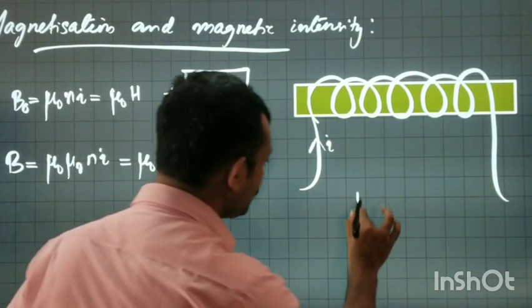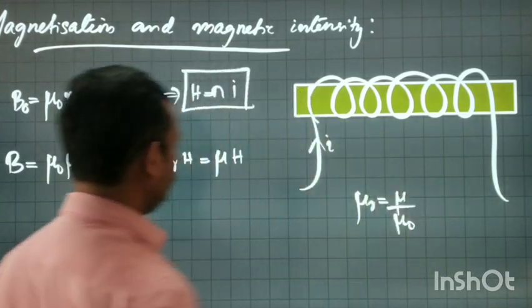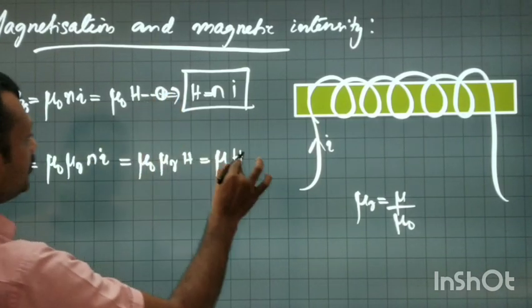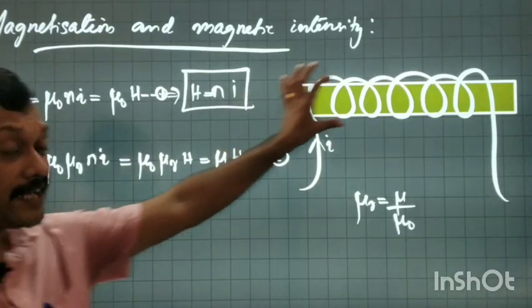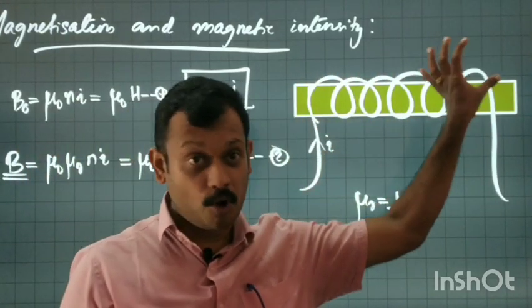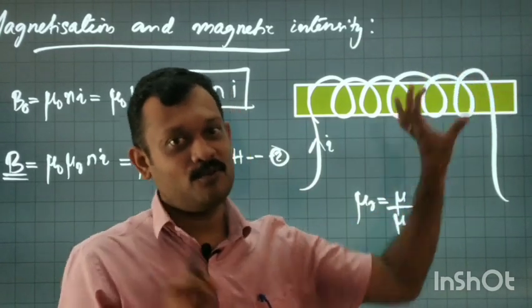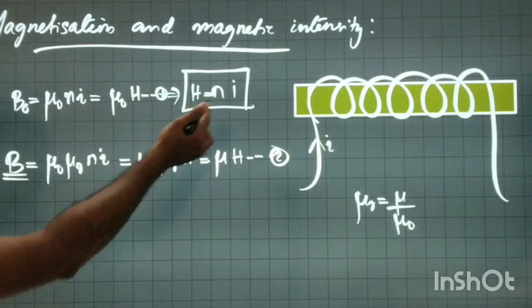We have learned mu r is equal to mu divided by mu0, the relative permeability. This is equation number 1. This is equation number 2. This is the total magnetic field inside the solenoid right now. Then my question, what is the magnetization of the material?